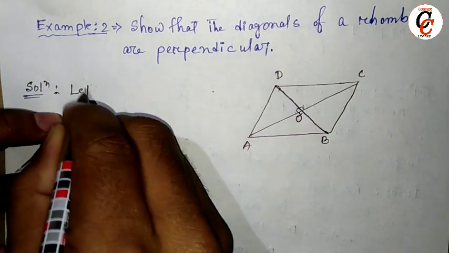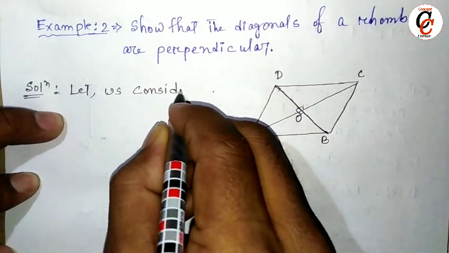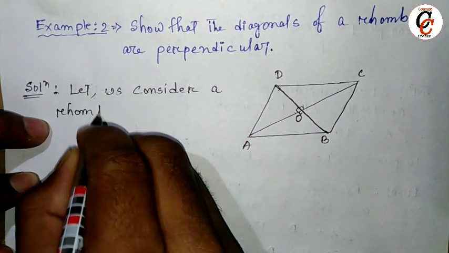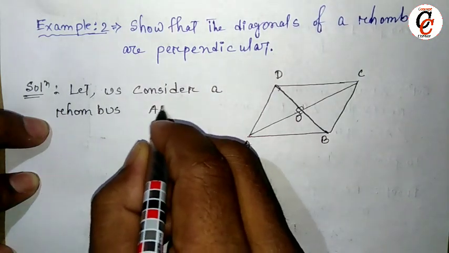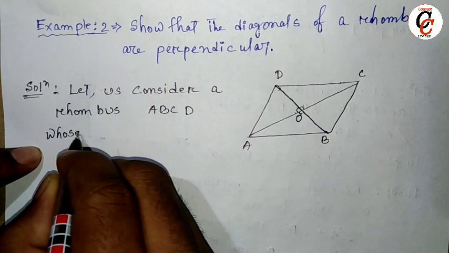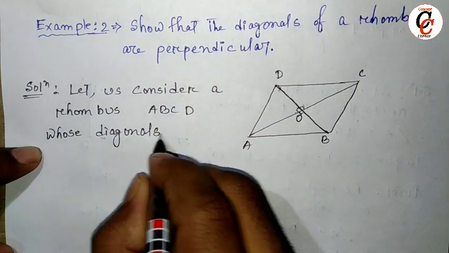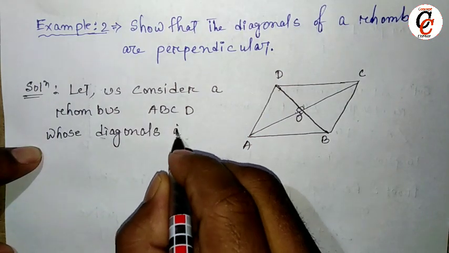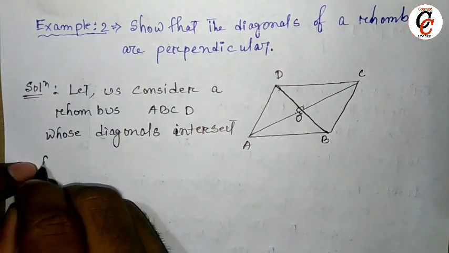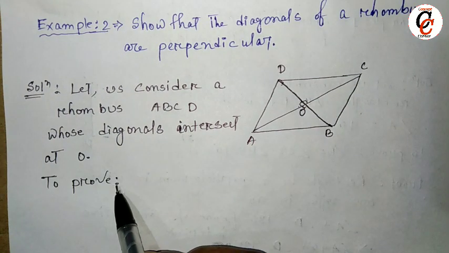Let us consider a rhombus ABCD whose diagonals intersect at O. What is to be proved?